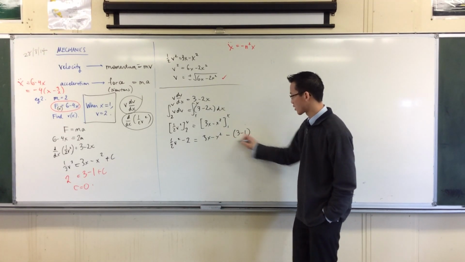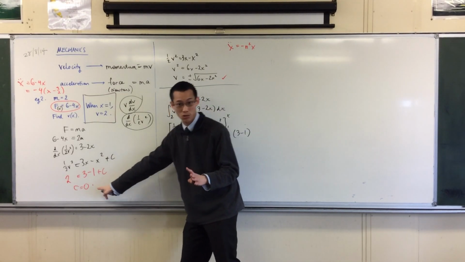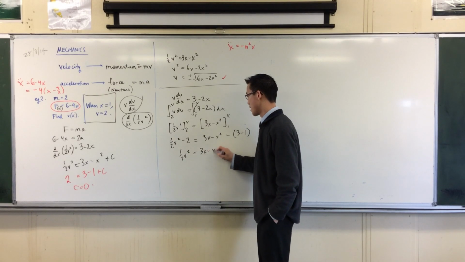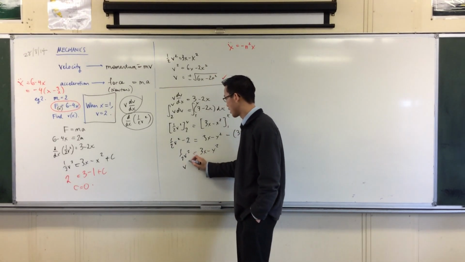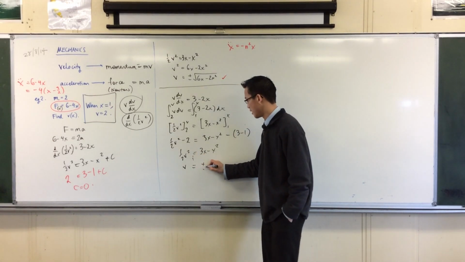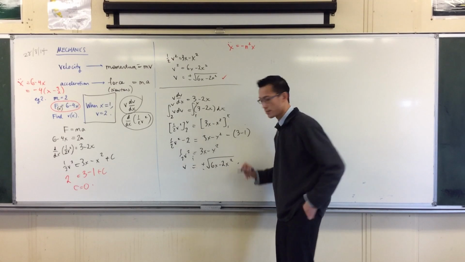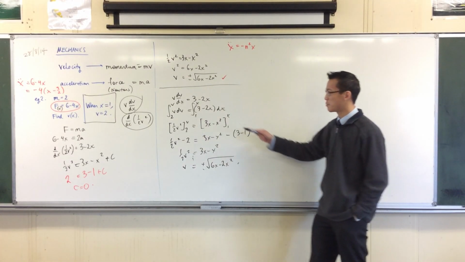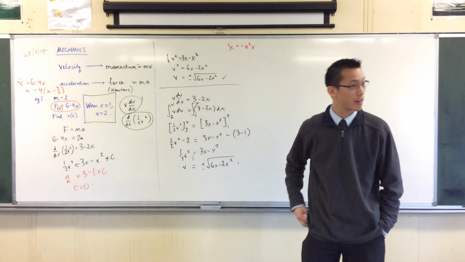So this constant and this constant are going to disappear. Of course they should, you knew they would. So a half v squared equals 3x minus x squared, just like you got before. It's the same thing. You're going to get to here. So it's roughly the same amount of working, but I quite like this way of ignoring the fact that you need to worry about a constant of integration.